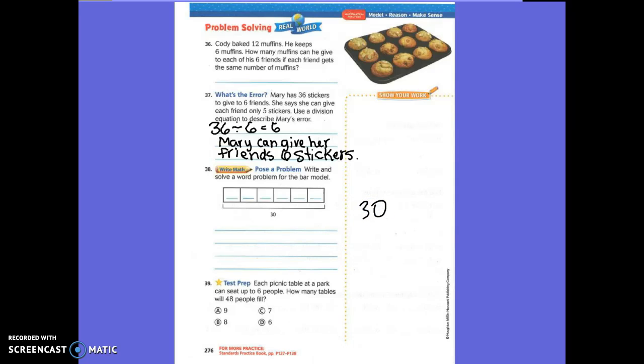Okay, it's the dividend, but what does the dividend mean? It's the biggest number. Think about it. Not the groups? The counters.